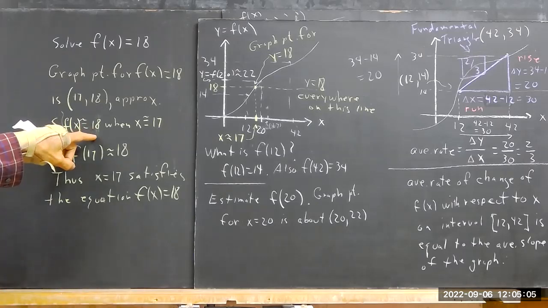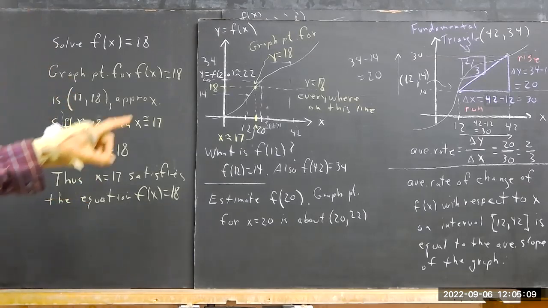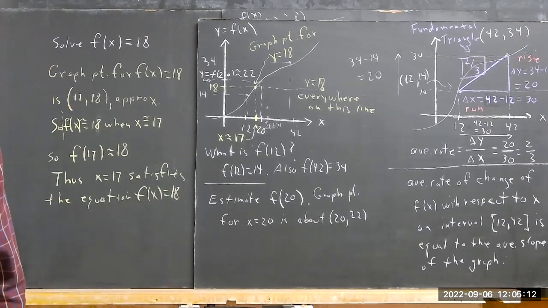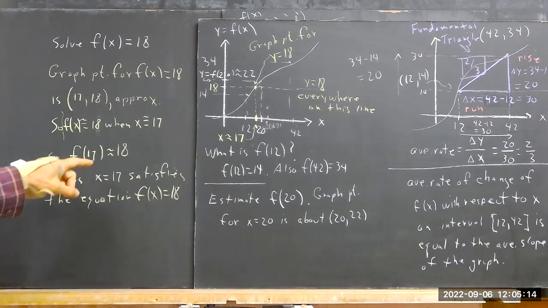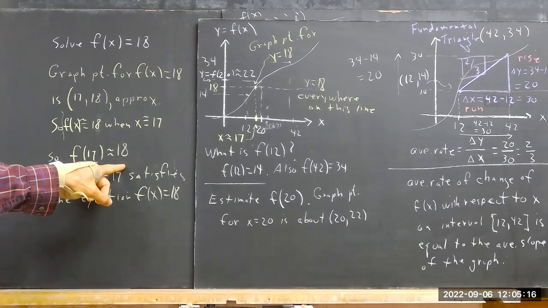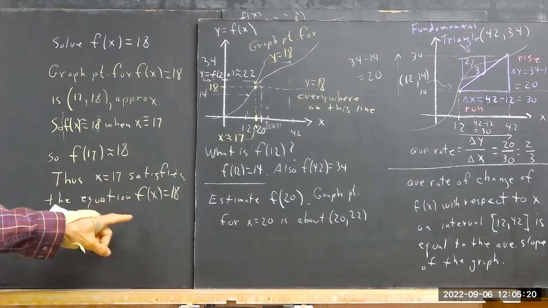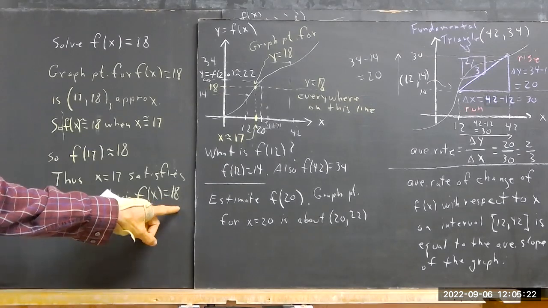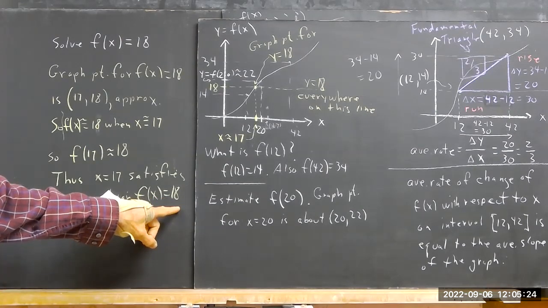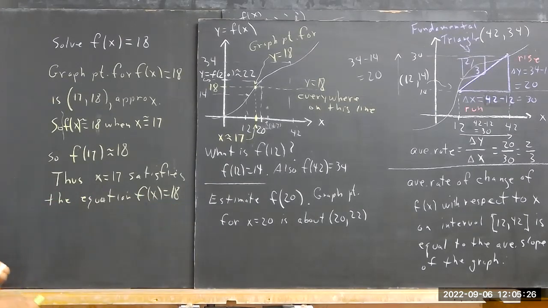So f of x is approximately 18 when x is approximately 17. This means that f of 17 is 18. Thus, x equals 17 satisfies the equation f of x equals 18. It's a solution.